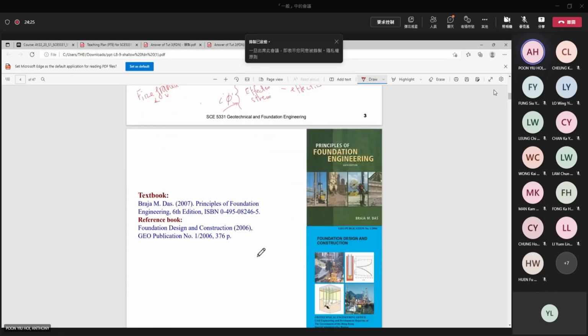This is a textbook, or you can also read the book by Gray, which has lots of examples as well. And of course, an excellent reference published by the Geotechnical Engineering Office.